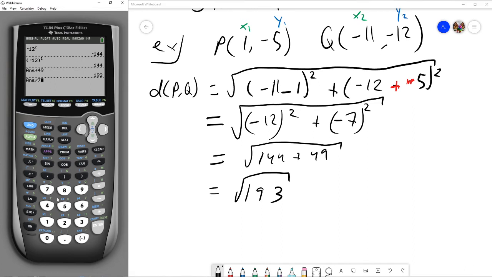Let's see, is it divisible by 7? Nope. Is it divisible by 11? Nope. I wonder if it's a prime number. How about 19? Nope. Well, we can just run through everything.